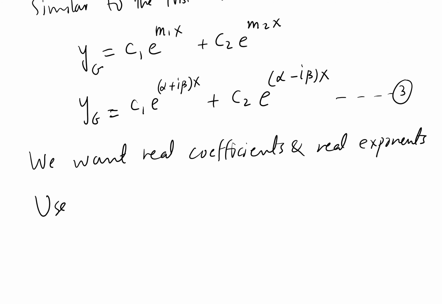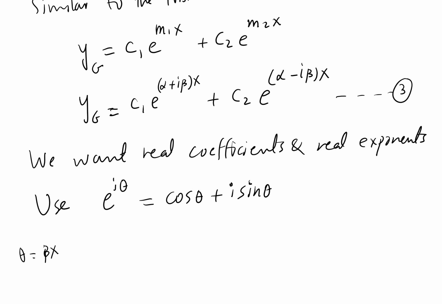We start by using e to the i theta. It's cosine theta plus i sine theta. That's what Euler proved. And I'm going to replace theta with beta x.